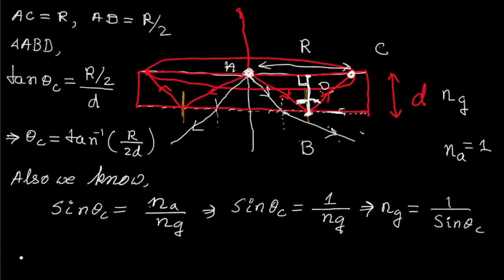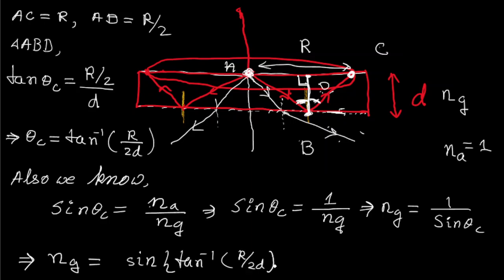So if we put it here, we will get the refractive index of this glass plate: n_c is equal to 1 by sine of tan inverse of R by 2d, the whole inverse. So this is the refractive index of this glass plate.